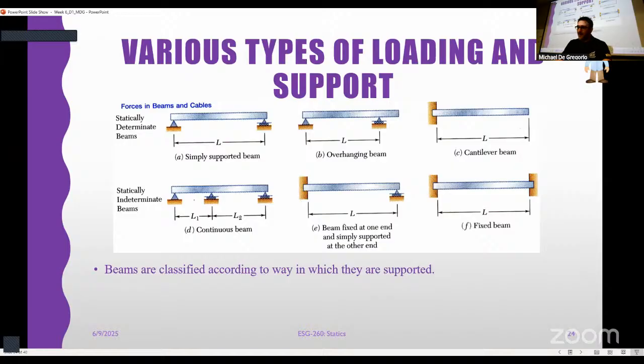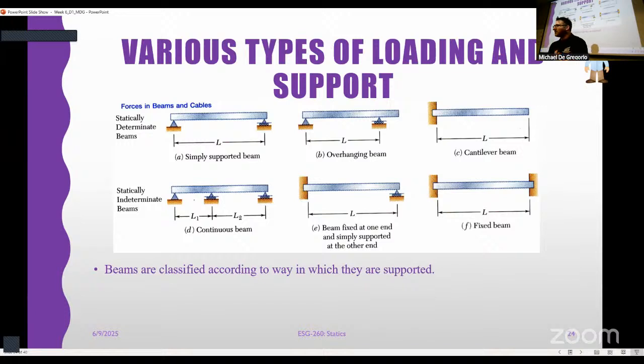And so we'll have to find equations. We really need to focus for this class on the top half, right? And so we have a simply supported beam, which will have a pin and a roller, or a pin and a rocker, right? 3 unknowns there. We have an overhanging beam, which is kind of like a simply supported beam, except that the rocker is moved closer to the pin, right?